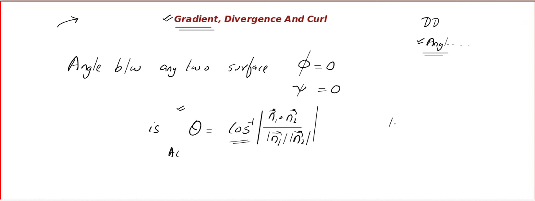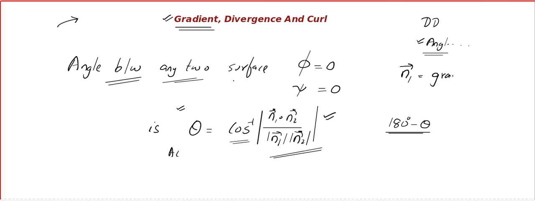If you want the obtuse angle, all you have to do is 180 degrees minus theta. But if they do not specify, it's enough to leave it as such. Remember, the angle between any two surfaces is given by this formula, where n1 stands for the gradient of the first surface and n2 stands for the gradient of the second surface.